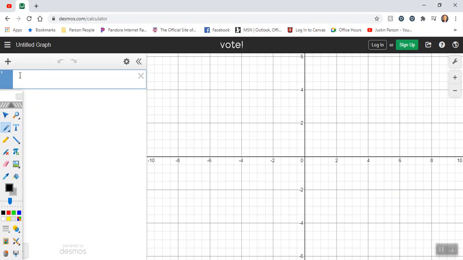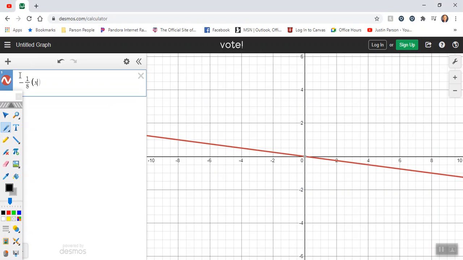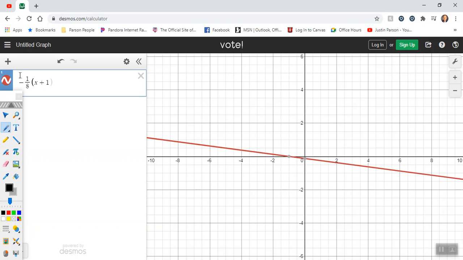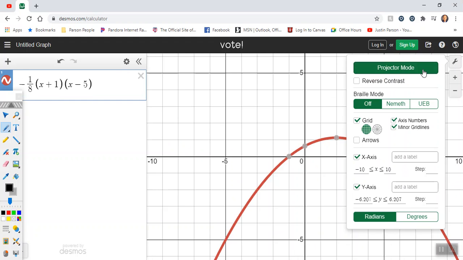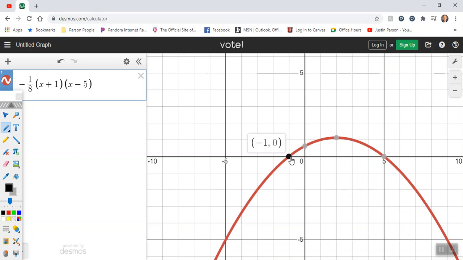So in x-intercept form, we had negative 1/8 times, what was it, x plus 1 or minus 1? I can't remember. And then times, okay. Let me put in projector mode here so we can see this a little better. Are my x-intercepts negative 1 and 5?